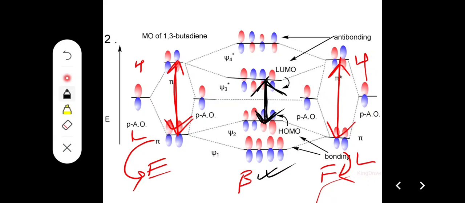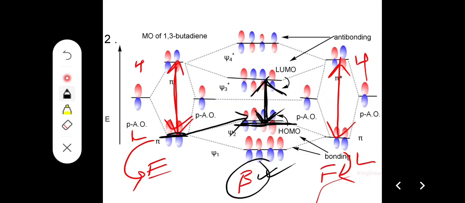If we put all the atomic orbitals and molecular orbitals of ethylene and butadiene, you can see from this picture that the HOMO-LUMO gap of butadiene decreases. This is the HOMO of ethylene and this is the HOMO of butadiene, so the energy increases to the HOMO of butadiene. Okay.